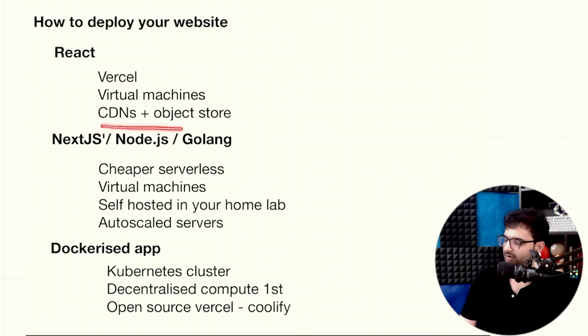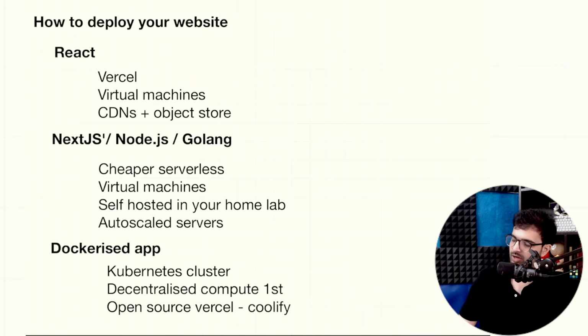And lastly, we'll arrive at an optimal solution, which is CDNs, content delivery networks, and object stores. This is probably where you want to deploy your pure front-end application. By pure front-end, I mean an application that's written in React or an application that does not use server-side rendering.